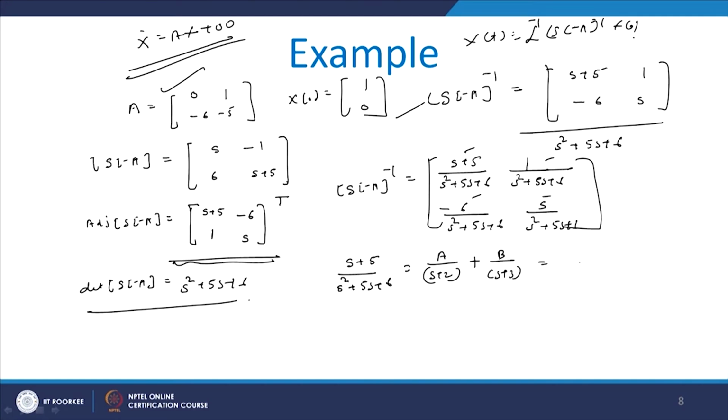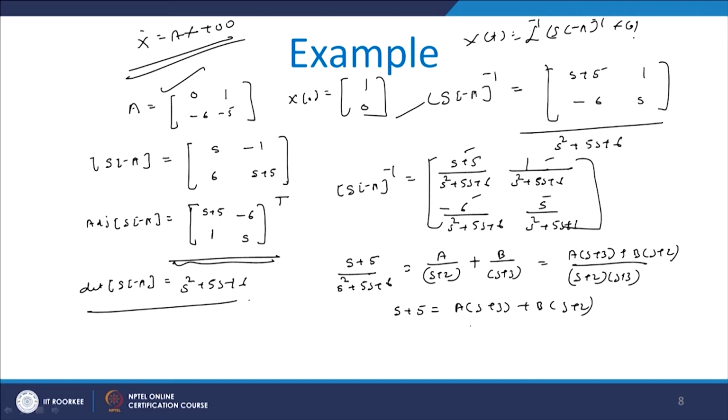So, now we solve it. We will get s plus 2, s plus 3. Now, here A multiplied by s plus 3, B multiplied by s plus 2. Now we compare this and this. So, we can write down s plus 5 equals A into s plus 3 plus B into s plus 2.